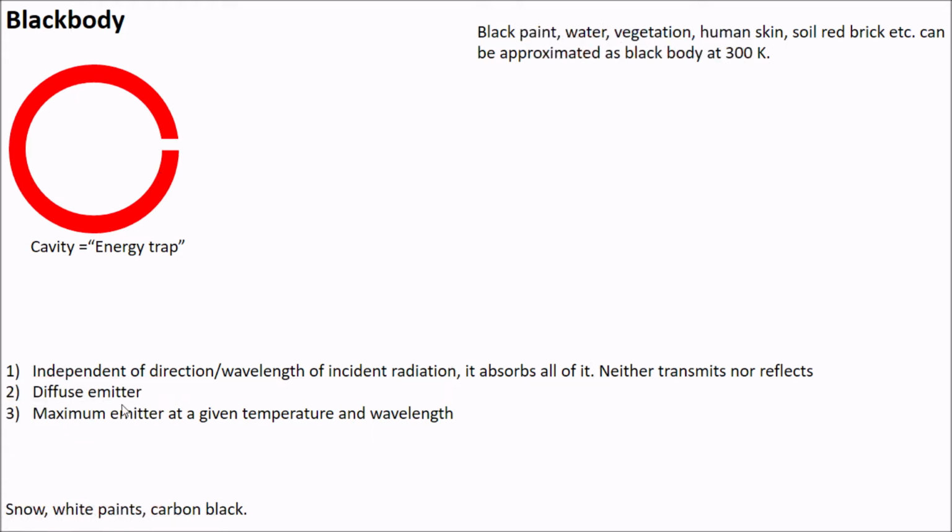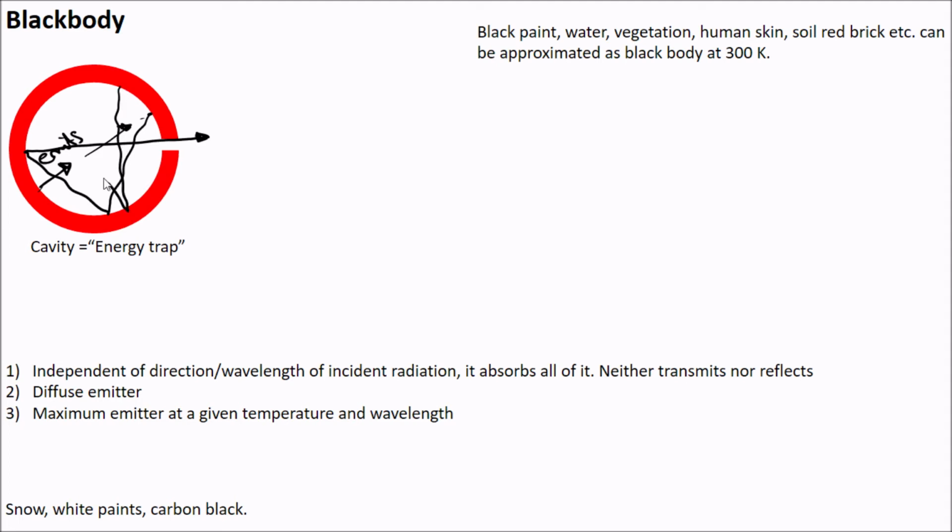Let's see the second property. Now, this body emits thermal radiation. If it emits thermal radiation, it leaves from part of the surface, goes to here, then to that one, then to this one, and leaves. This is one direction. Say that I have another emission here in this direction.